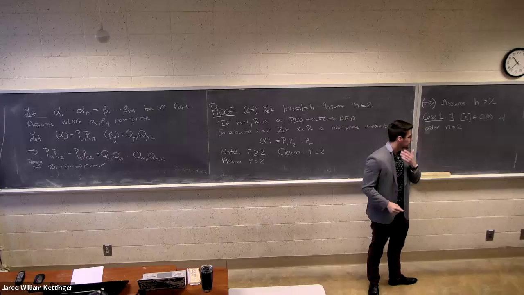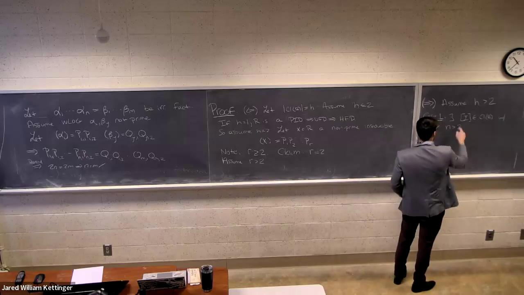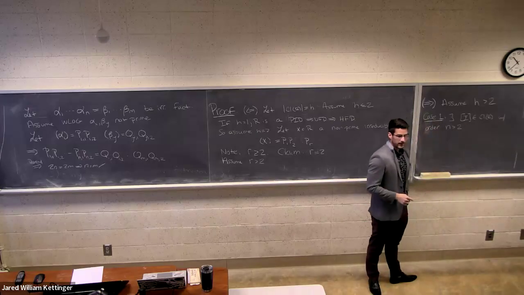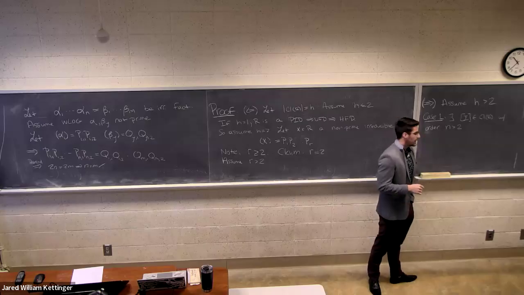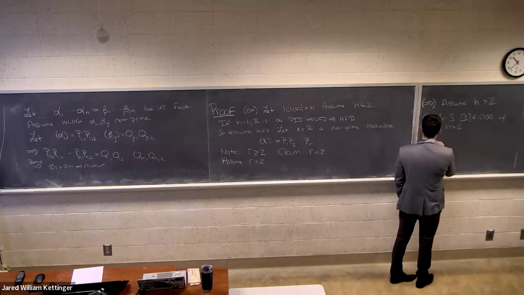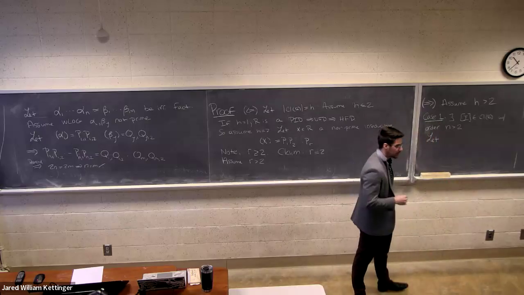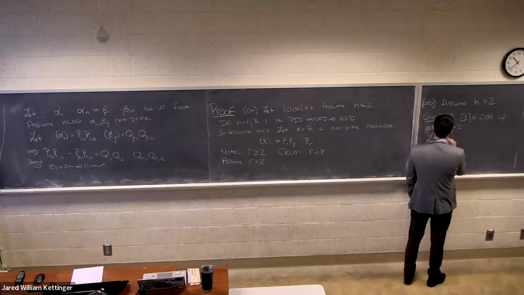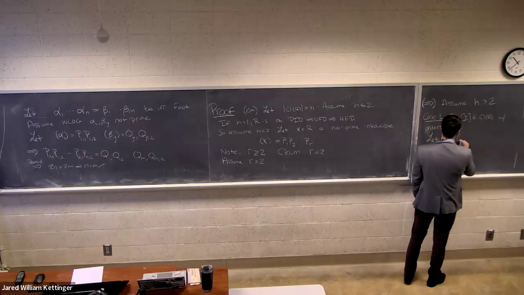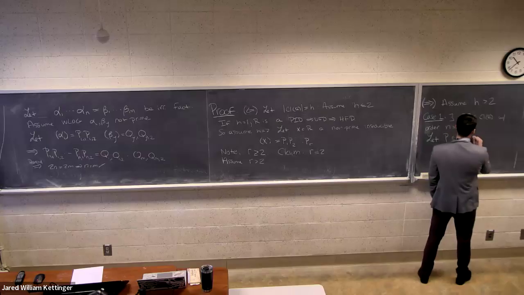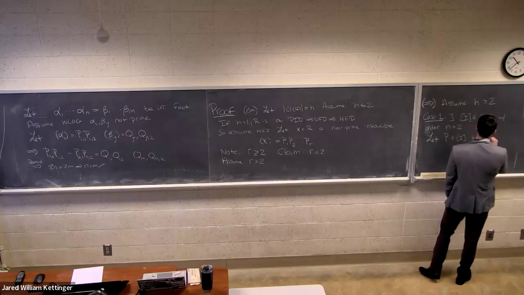So we'll call that element the ideal class containing I. And now here's where we're going to use the fact that every ideal class contains a prime ideal. So I'm going to just arbitrarily let P be in this ideal class, and I'm going to assume it's prime.